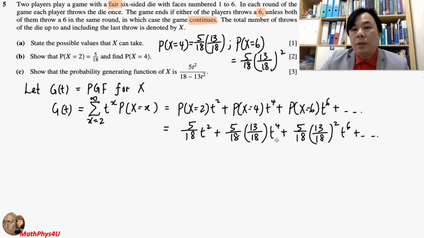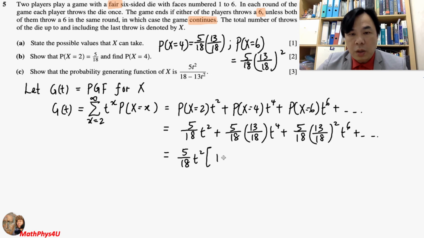Okay, and then there you have it. This is a geometric progression. You can see that this is a geometric series. It has a common ratio. Now before that, for me, I would like to factorize it usually. I would prefer to factorize in such a way so that it's easier to perform the sum to infinity.